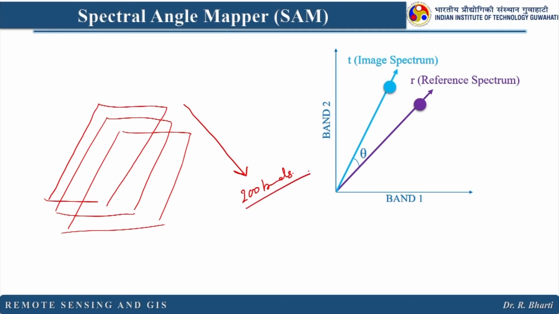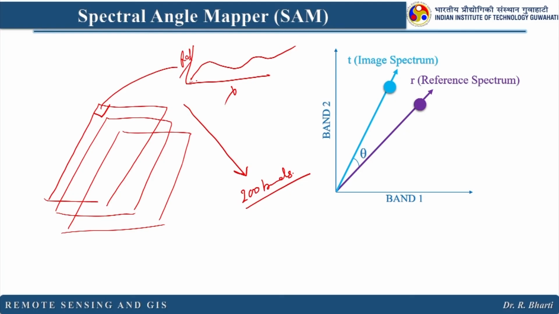Now when we want to classify our image, the first pixel is considered, and in the first pixel we have derived the spectral response, where this is the wavelength and this is reflectance.